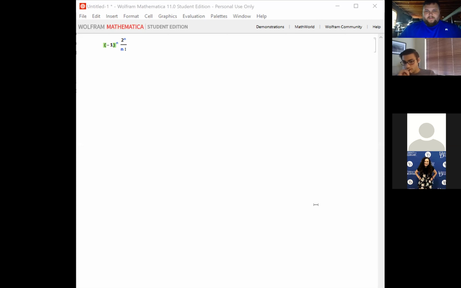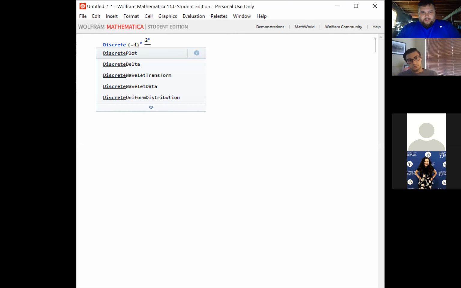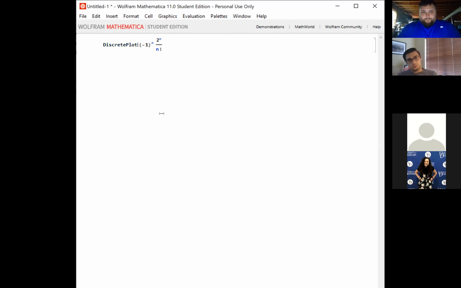All right, so I want to go back to Mathematica then, because I want to plot this sequence. And I believe I want the command discrete plot. The reason for that is because a sequence is a set of values, right?